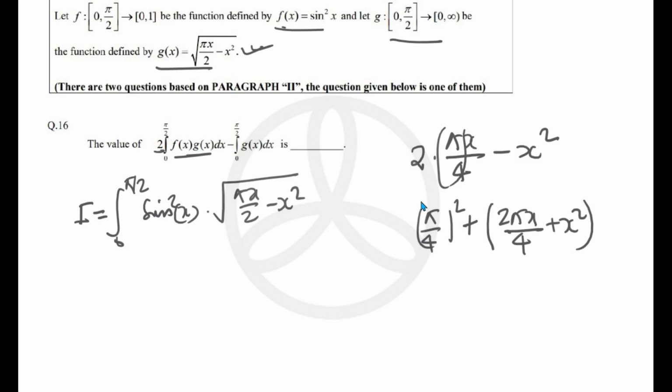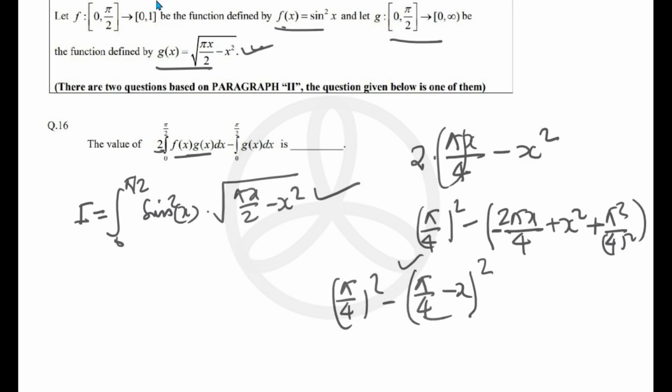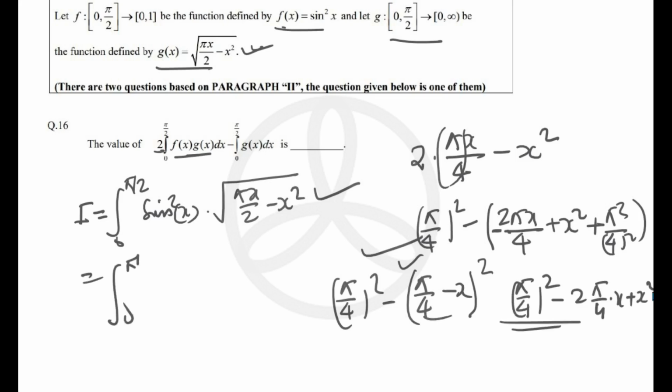No, it will not be plus. It will actually be minus, and this will also be a minus. So this is exactly what our expression is going to give us. So we can write this as (pi/4 minus x) square. This will be pi/4. This is perfect. So we can write the integral of pi/2 sine square x.